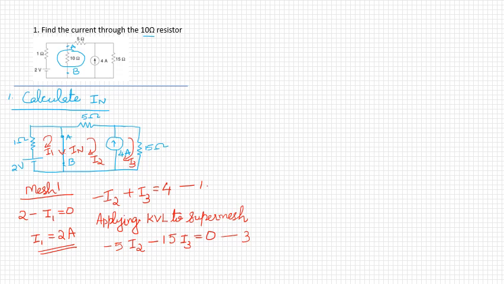Now let's solve equations 2 and 3 for I2 and I3. We will get the value for I2 as minus 3 amperes and I3 is equal to 1 ampere.